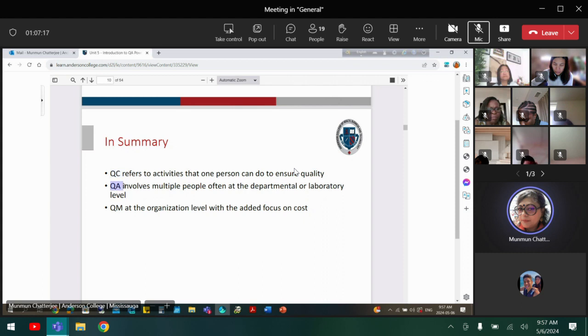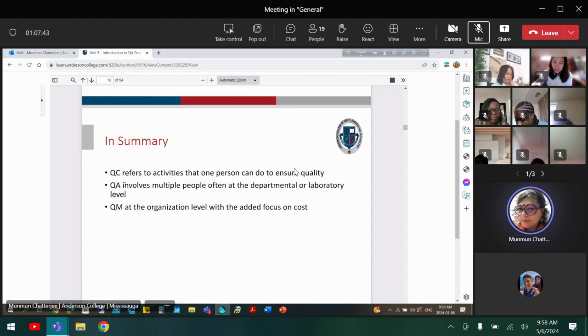The quality assurance has to cover the instrument and your different parameters. So that is a set of activities where multiple people are involved at the departmental or laboratory level, and quality management is the organizational level.